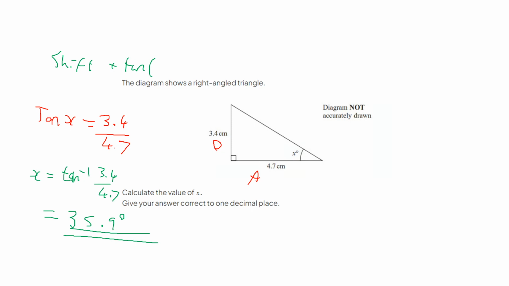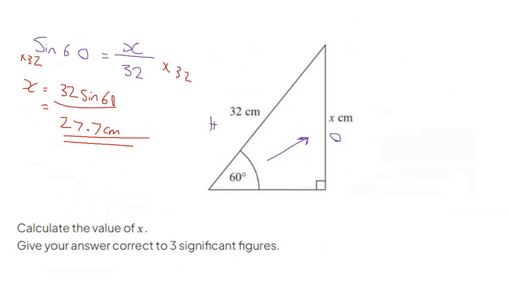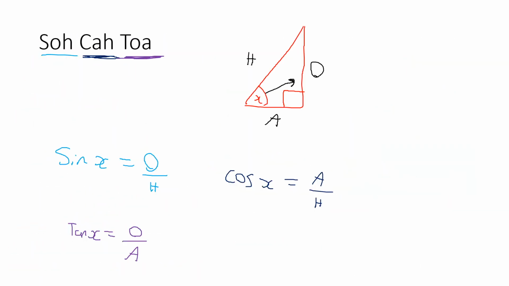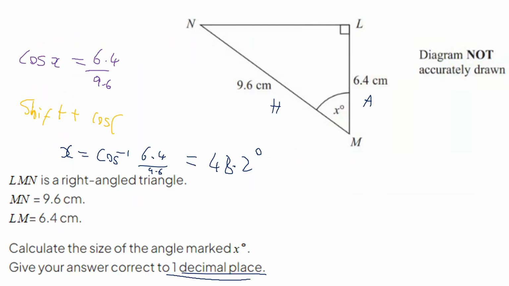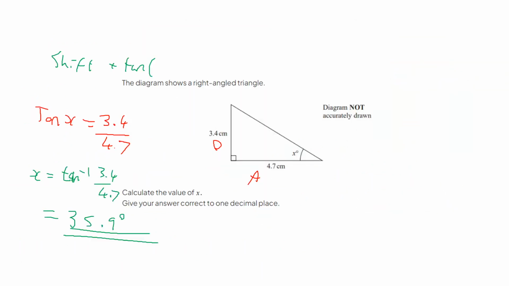So all we've done is done exactly as what I've taught at the start, which is that sine is opposite over hypotenuse, cos is adjacent over hypotenuse, tan is opposite over adjacent. And we've just applied it and found the inverse to work out what the angle is.